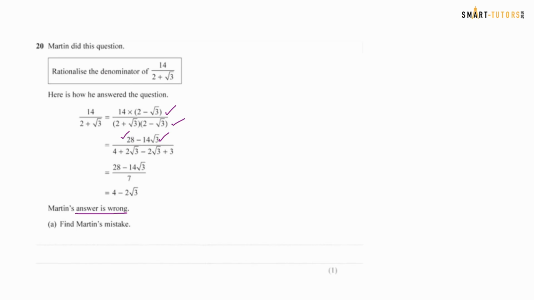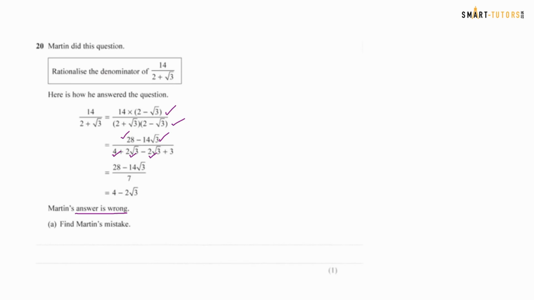Then expanding the brackets, 2 times 2 is 4, that is correct. Root 3 times 2, that is correct. Then 2 times minus root 3, which is correct.